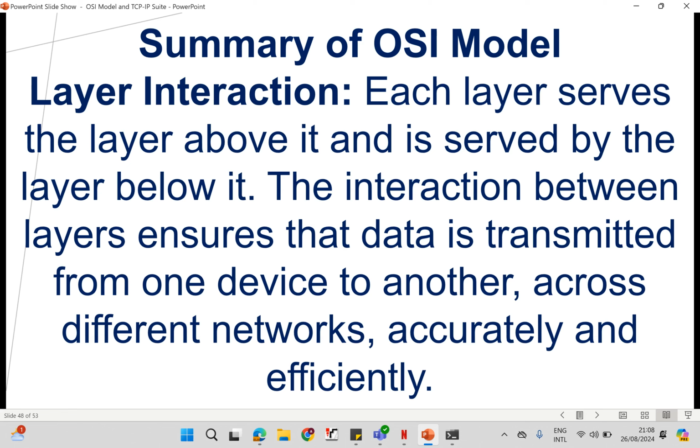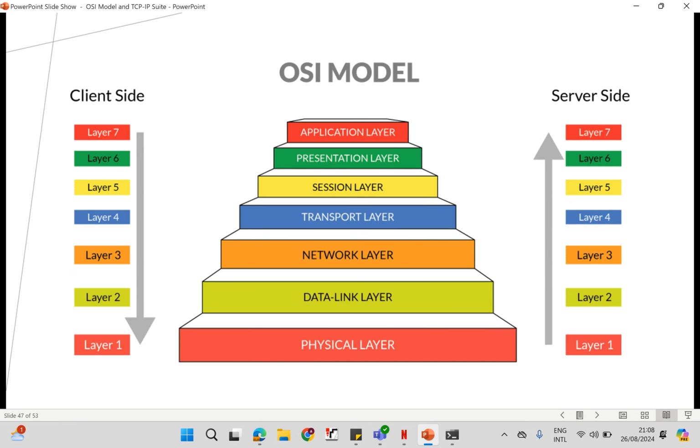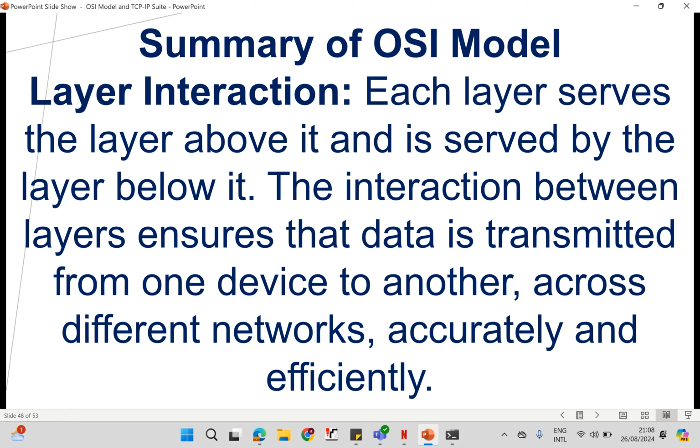So each layer serves the layer above it, and it's served by the layer below it. So what are we saying here? We are saying that layer 2 is going to serve layer 3, and layer 2 is going to be served by layer 1.